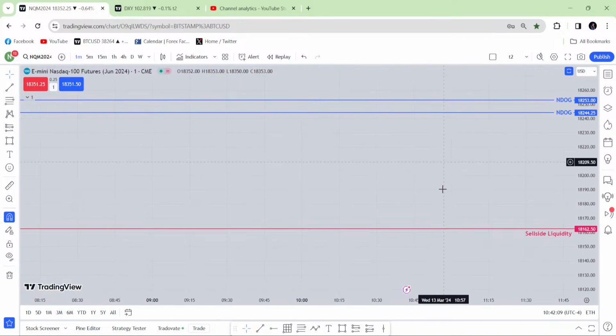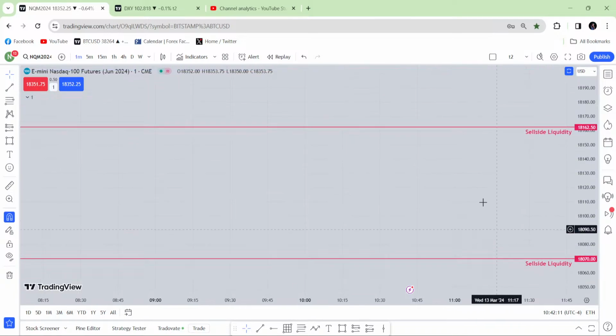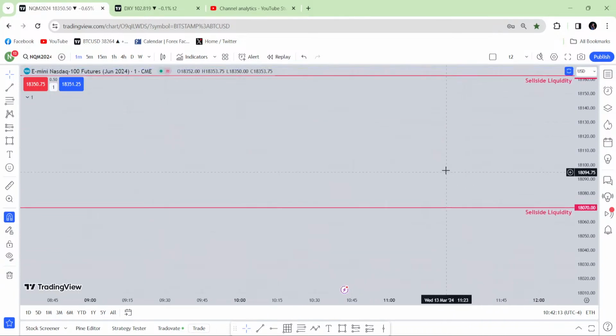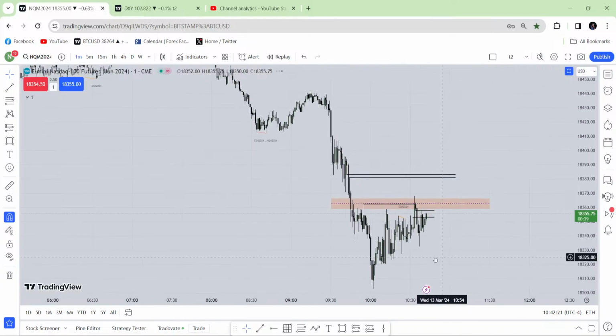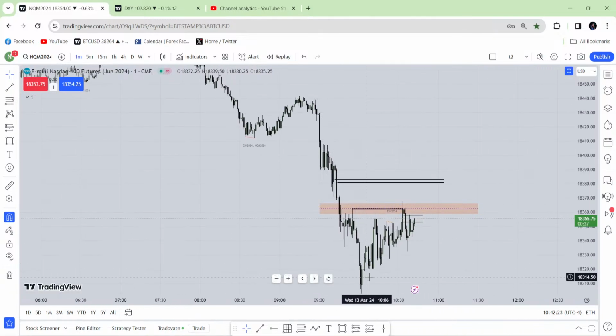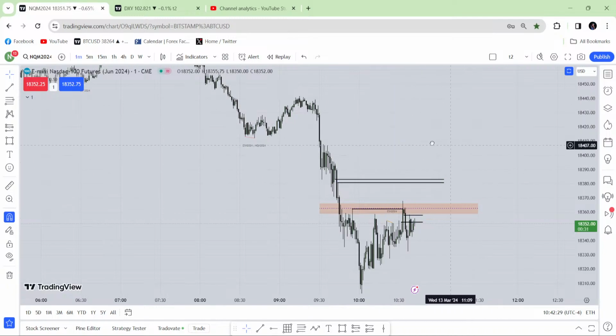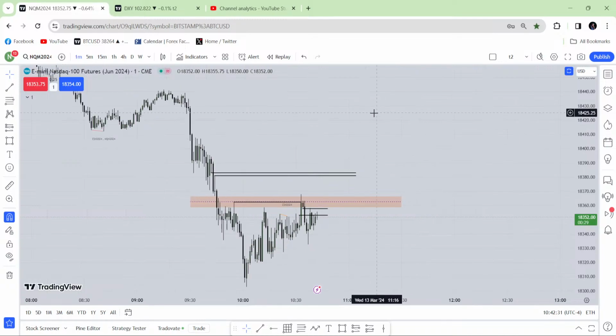I am bearish until the sell side liquidity is taken. Now I believe that the market is not going to take that extreme sell side liquidity today. It's going to take that sell side liquidity tomorrow, that means Thursday. But today it went so far. Now it will retrace. I mean, it will stay here somewhere until noon. Then around 1 p.m. there is news, the 30 year bond.